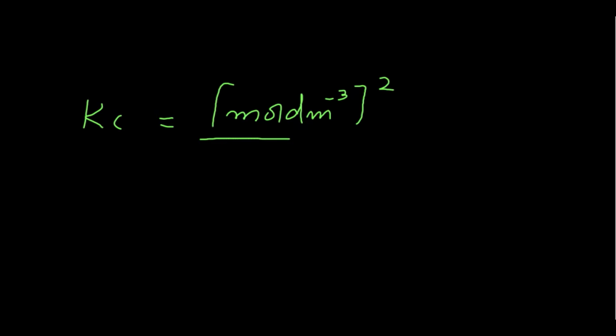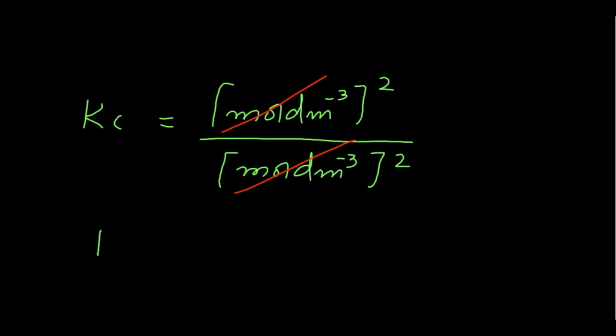In the next step, Kc is equal to mole per cubic decimeter raised to the power 2 over mole per cubic decimeter raised to the power 2. Both the quantities are equal. That's why they will be cancelled out. So it means for this reaction, Kc has no unit.